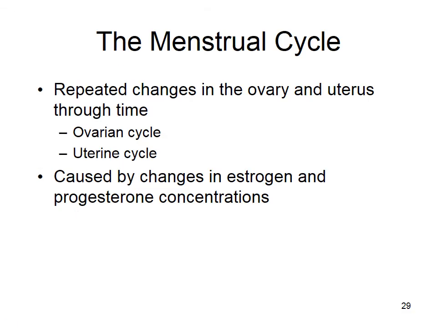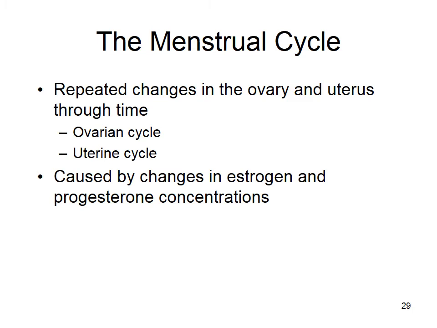So females have cyclical changes in fertility, and those cyclical changes are called the menstrual cycle. This is repeated changes in both the ovary and the uterus. We're going to separate it into what's happening in the ovary, which we'll call the ovarian cycle, and what's happening in the uterus, which we'll call the uterine cycle, but the menstrual cycle combines the two.